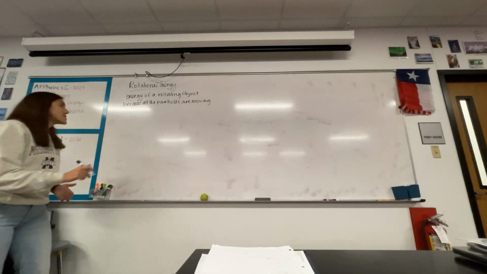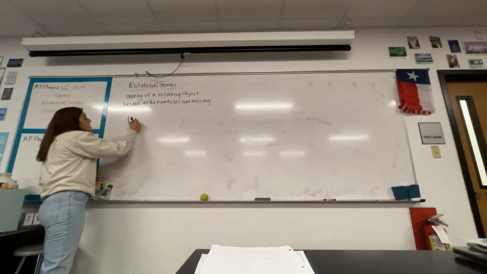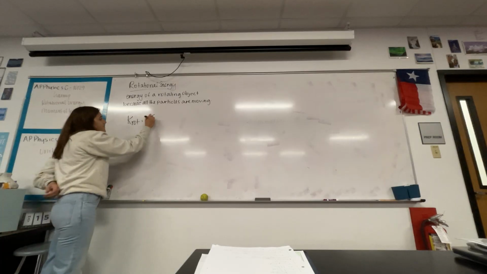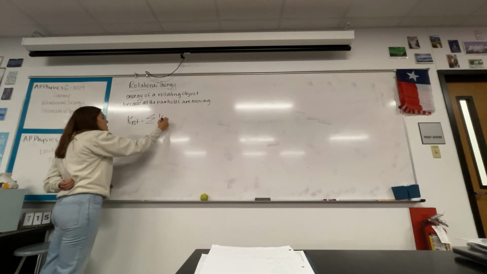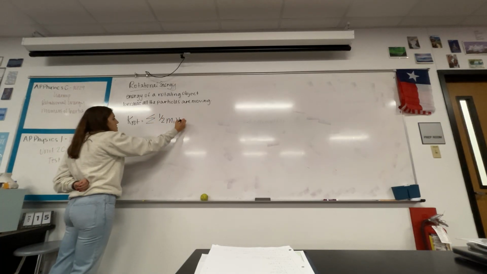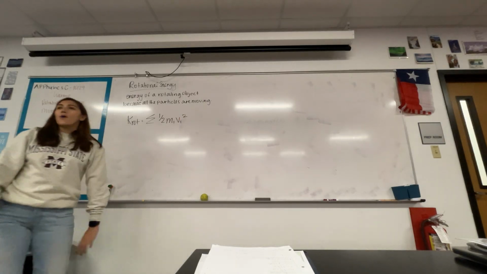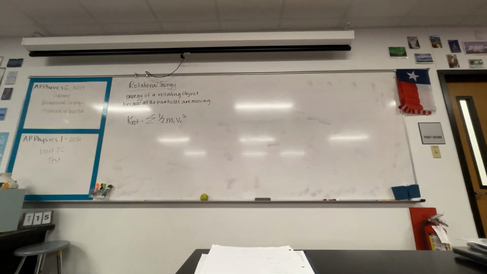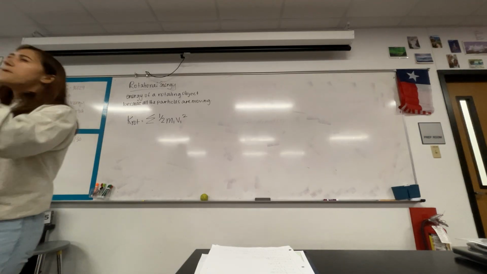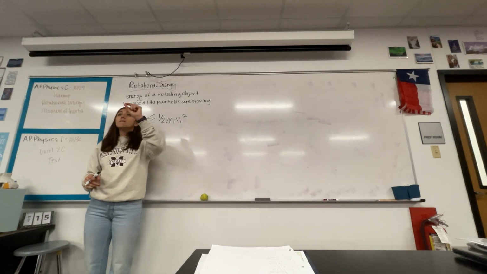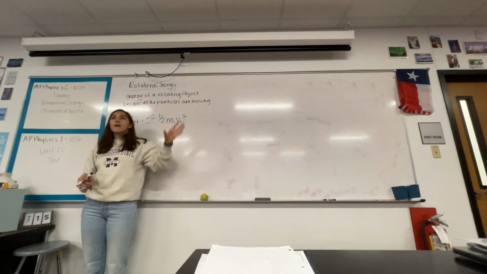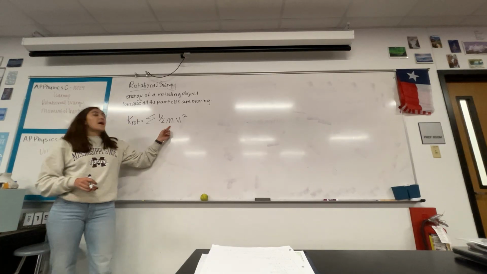So it has to have some sort of kinetic energy. Now, to calculate this, it's not going to be super shocking. K rotational is just going to be the sum of every particle's kinetic energy. So however many particles make up this object, I'm going to add all of them together. Obviously, the particle at the very center isn't moving, so that guy gets left out, but all the other particles have some amount of mass.